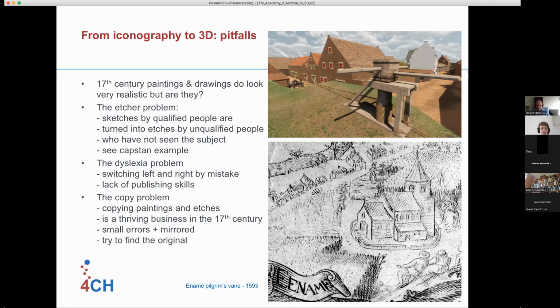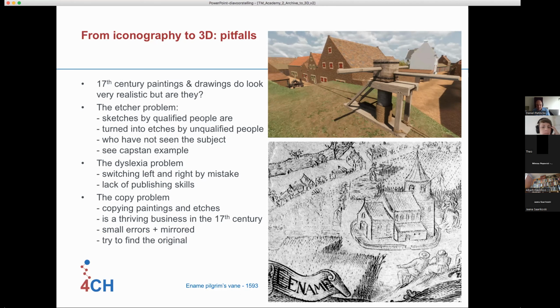So you get a print of an etch, and from that print you make a new copper engraving to etch and to print. But that means your etch plate is mirrored. So the image that you're drawing is mirrored. You can copy that image very precisely, but it is mirrored. And typically you also see small errors in the copying process or in interpreting what is there.